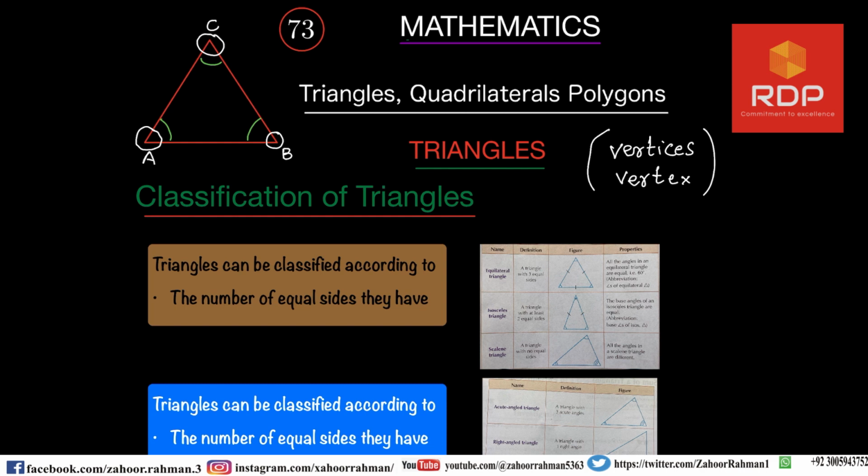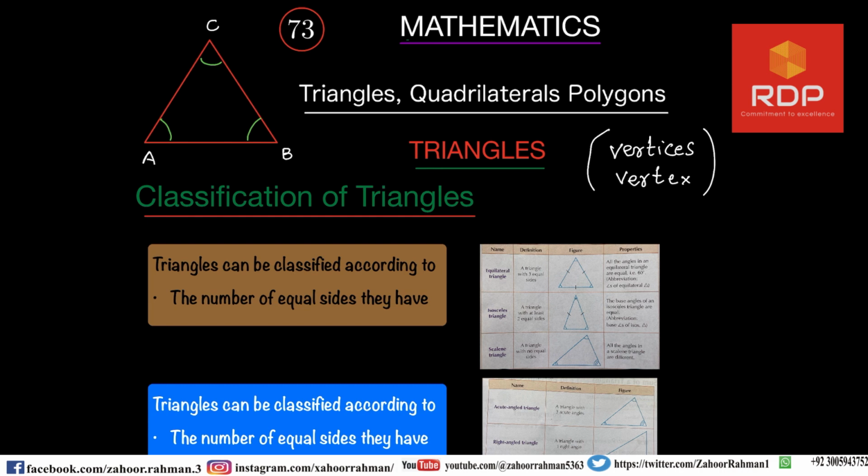So each one is individually known as a vertex, and combined all three are called vertices.